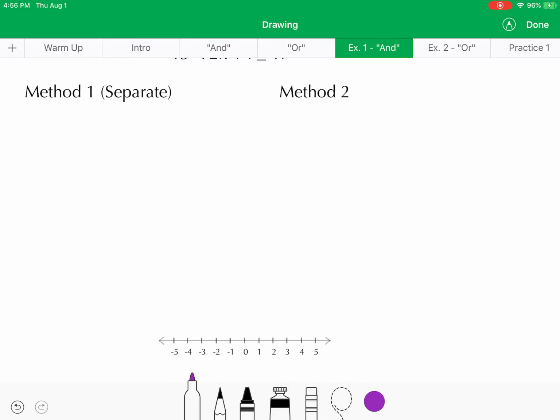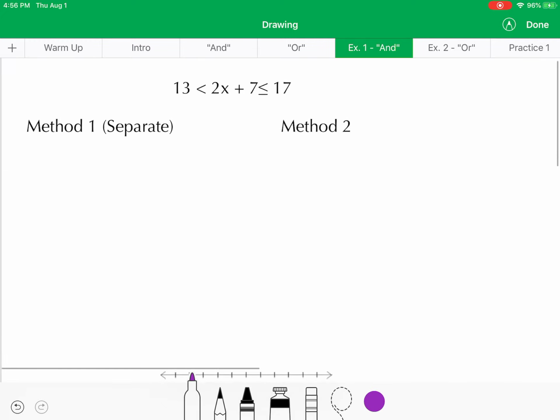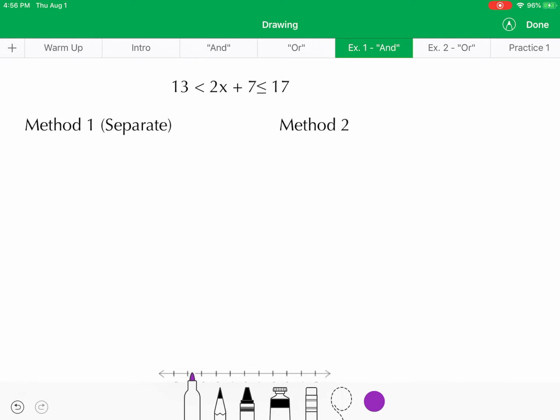All right, let's get to an example of solving a compound inequality involving and. Notice in this example, it's starting in the other form. I'm going to give you two different ways you can solve this. The first way would actually be to separate the inequality and put the word and back in.